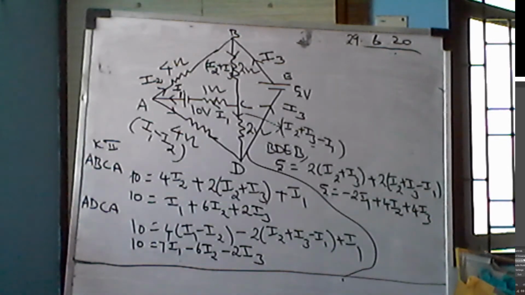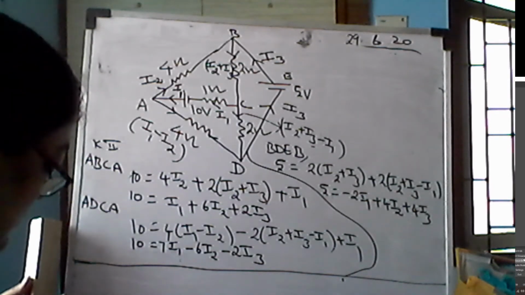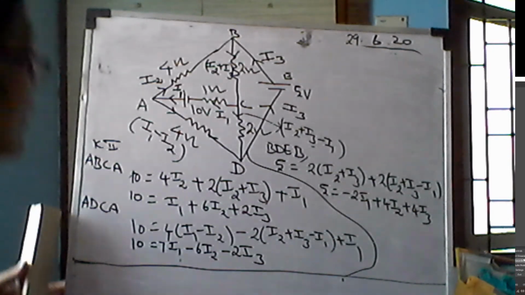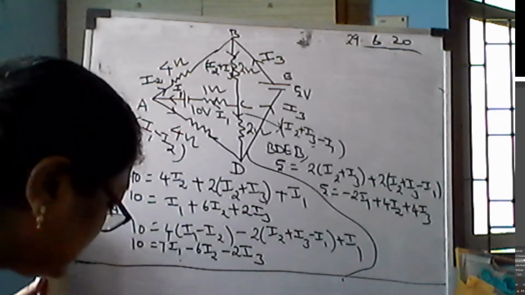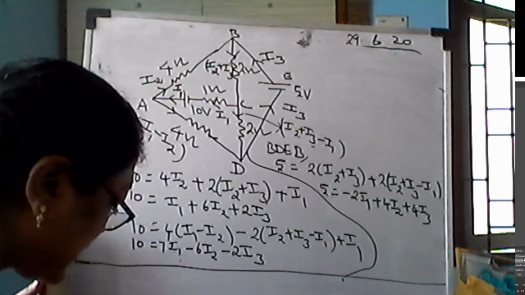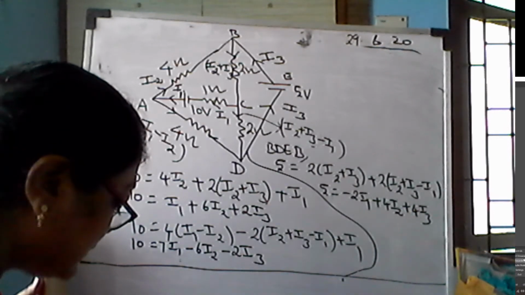Then ICD: the current across CD is I2 plus I3 minus I1.